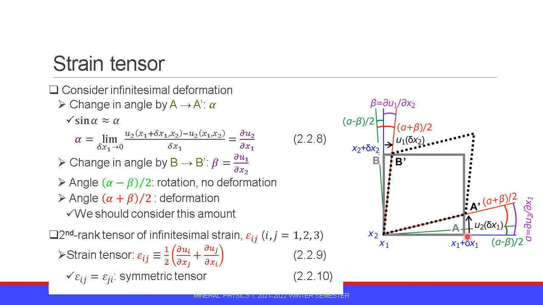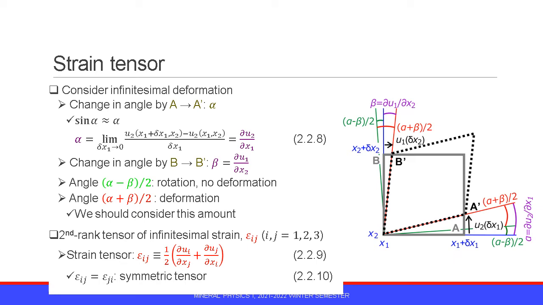The lower side of this square is rotated by angle alpha by deformation from point A to point A prime. Because the deformation is small, let us assume sine alpha is nearly equal to alpha itself. Then sine alpha, or this angle, is this displacement u2 over delta x1 divided by this length delta x1.